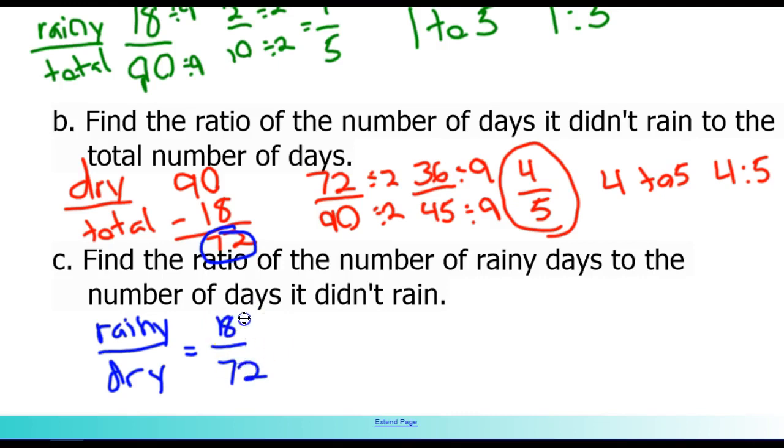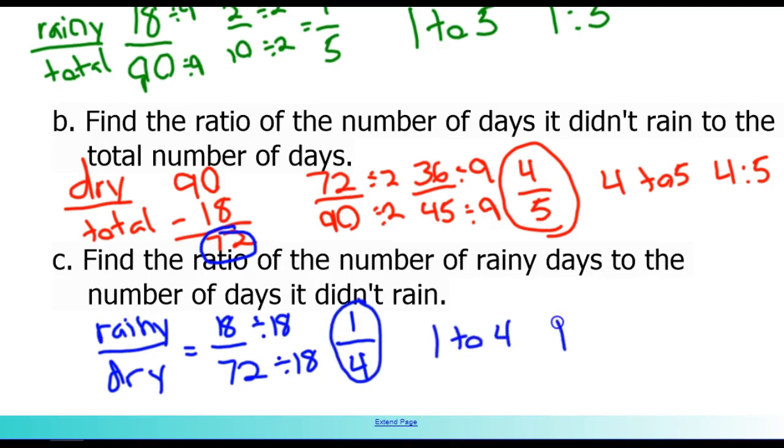We can divide both of these by, it looks like, 18. 18 divided by 18 is 1. 72 divided by 18 is 4. So our ratio is 1 over 4, or 1 to 4, or 1 colon 4.